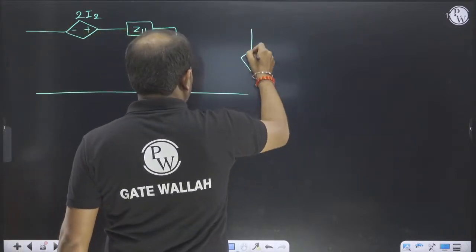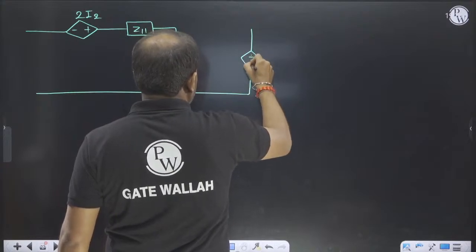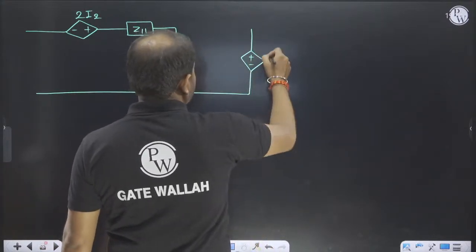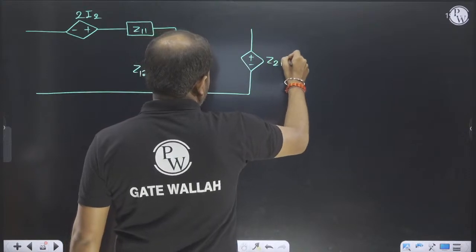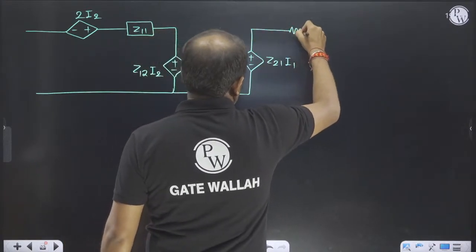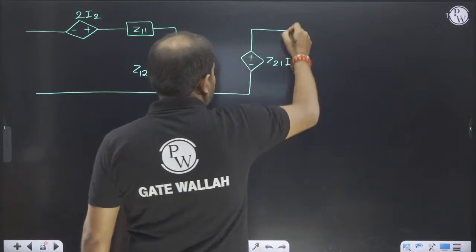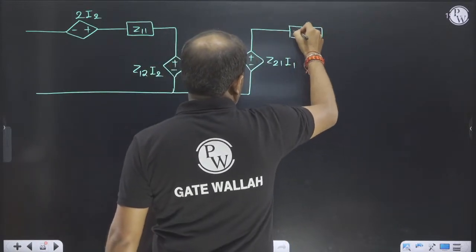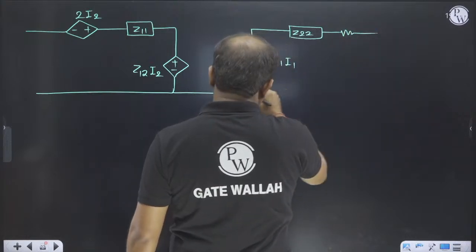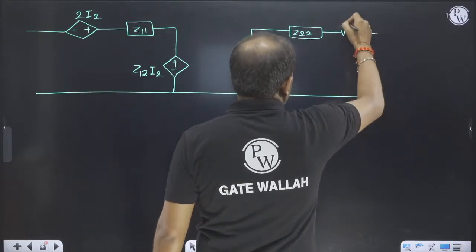And there is a voltage source, plus minus. And we have Z21 I1 and this one has Z22. And this one we have 2.